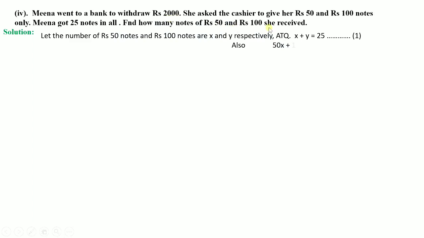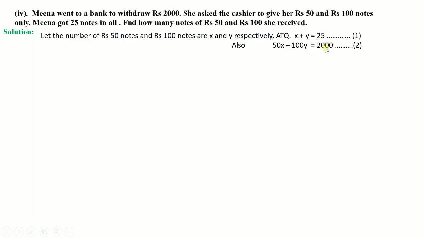According to the question, the sum of these two kinds of notes is 25. So x plus y is equal to 25. Also the total sum is rupees 2000. So 50 into the number of 50 notes, that is x, plus rupees 100 into the number of 100 notes, that is y, equals the total sum of rupees 2000.